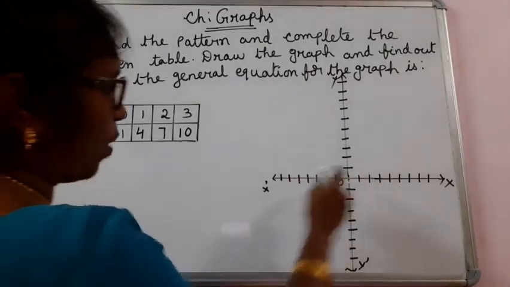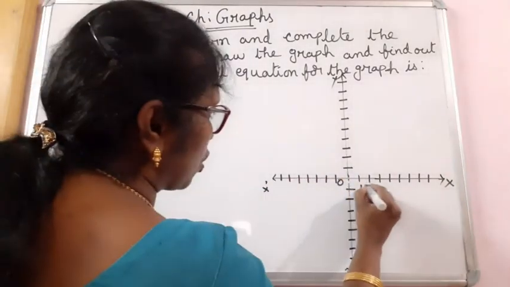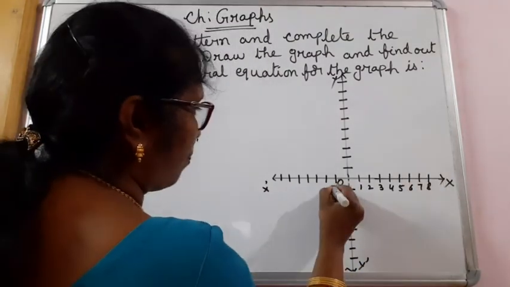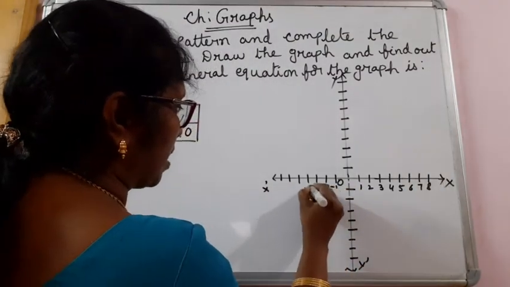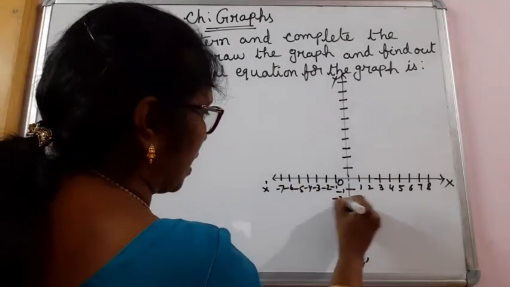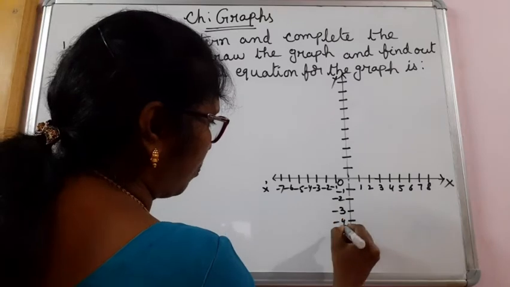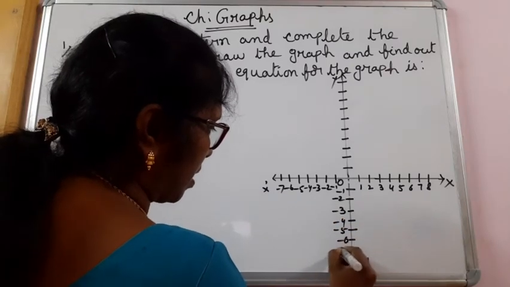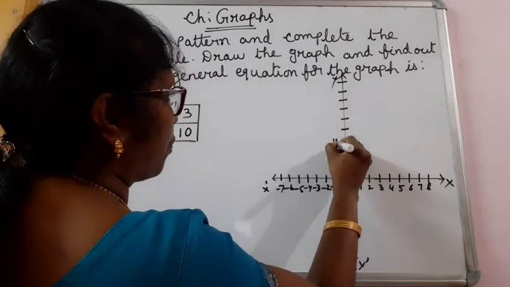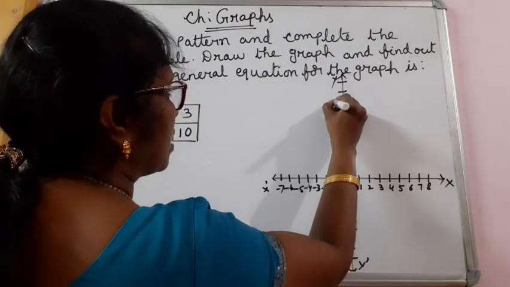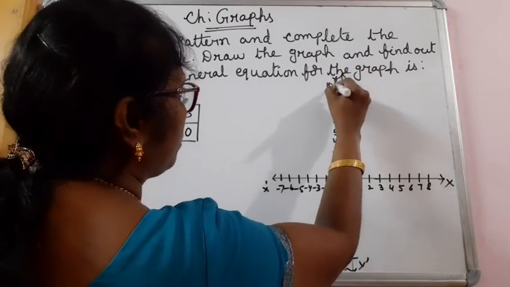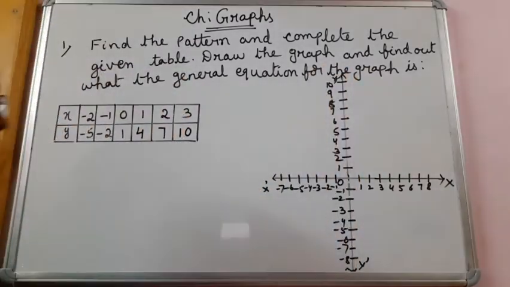1 cm equal to 1 unit we can take here. So 1, 2, 3, 4, 5, 6, 7, 8. -1, -2, -3, -4, -5, -6, -7, -8. 1, 2, 3, 4, 5, 6, 7, 8, 9, 10. Okay. I have marked.